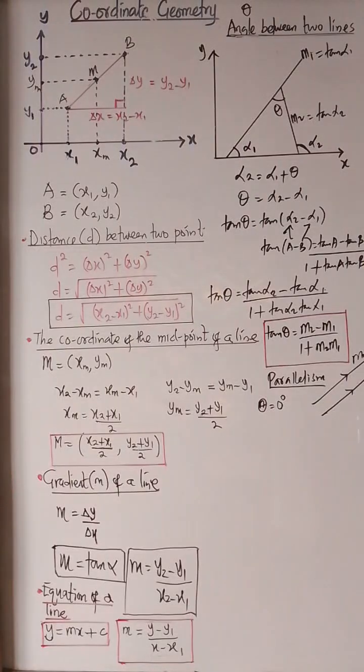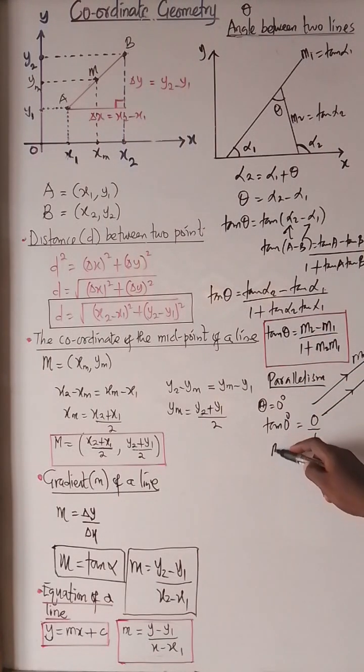What will be the gradient of m2 if you know m1? We come in and replace theta with 0. So what is tan 0? Tan 0 is 0, or we can write it as 0 over 1. And for a fraction to be 0, it means the numerator is 0.